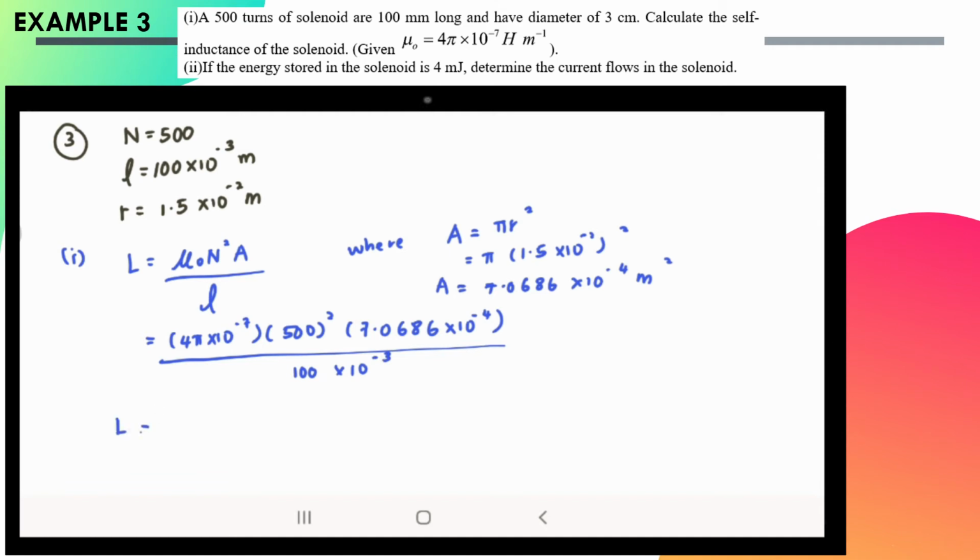So L is equal to 2.22 times 10 power of negative 3 Henry. So this is the answer. Alright, second, we want to find the current that flows in the solenoid, if the energy stored in the solenoid is 4 millijoule.